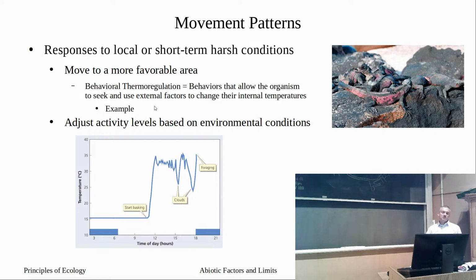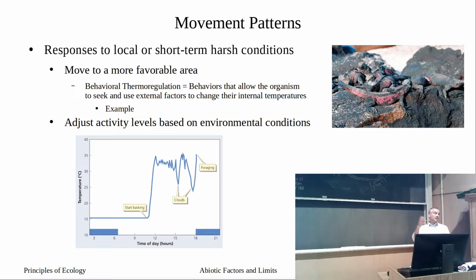And this, I think, is a pretty good example to show how an organism can move on the short term, over a small scale, when conditions improve or become less favorable, either one. So our example is these basking lizards. You see it all the time. You might see it out around campus.